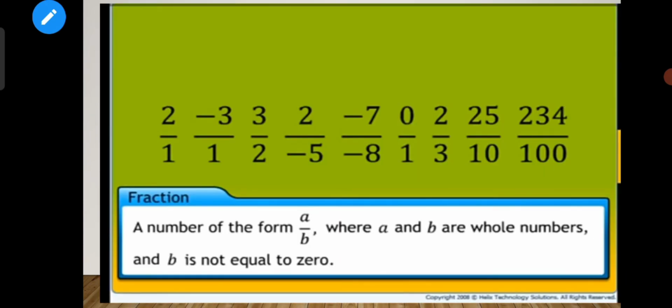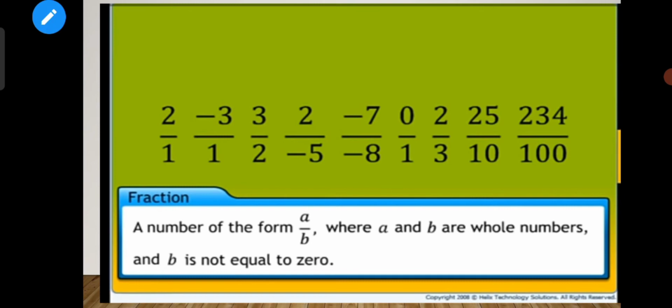Because we have studied that fractions are those numbers which are in the form of a by b, where a and b are whole numbers and b is not equal to 0. But as you can see here, in the case of 2 upon 1, 2 and 1 are whole numbers, but for -3 and 1, -3 is an integer, a negative integer, so it is not a whole number.